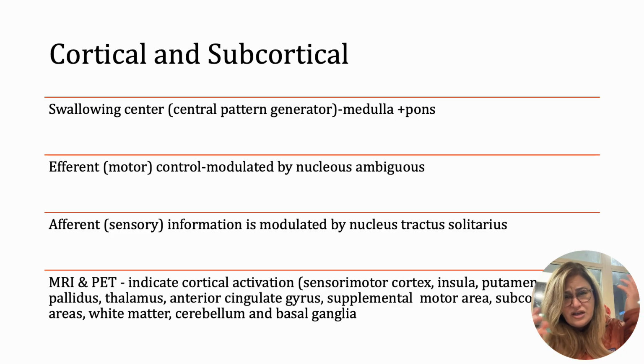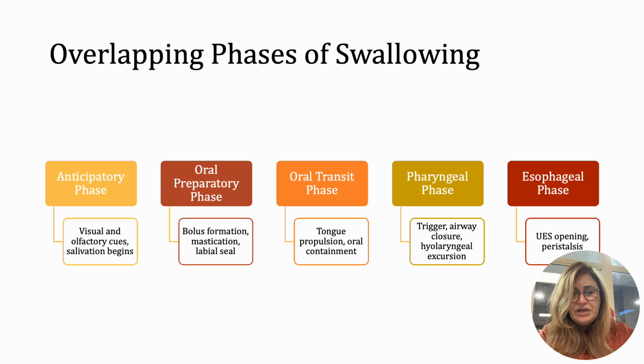Everything goes through there and gets dispatched to other areas. Supplemental motor areas, subcortical areas, cerebellum, basal ganglia. So keep in mind that it's not an isolated area, the cranial nerve innervation or the brainstem, but there are other cortical and subcortical areas that you need to be more familiar with.